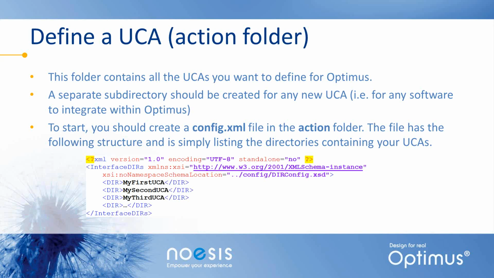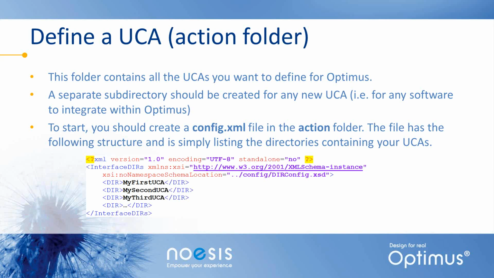A separate subdirectory should be created for any new UCA that you want to create. That means that for any new software that you want to integrate within Optimus, you have to create a new directory at this level. And at this level, you have to create a config file like the one that you see here.